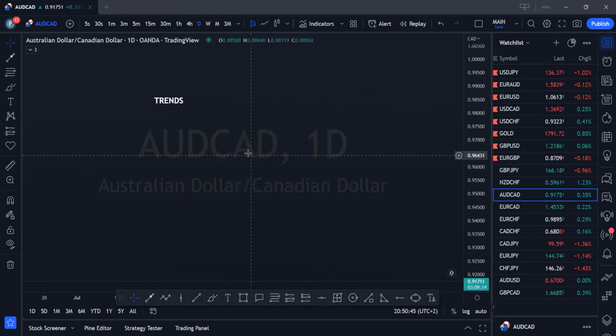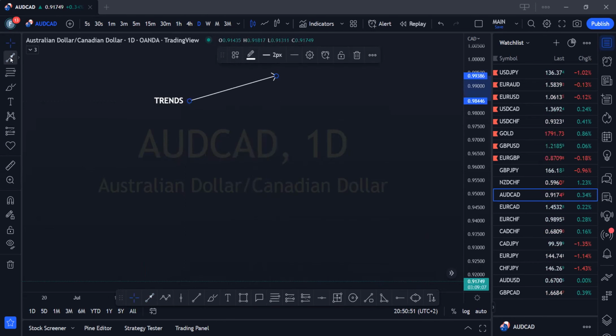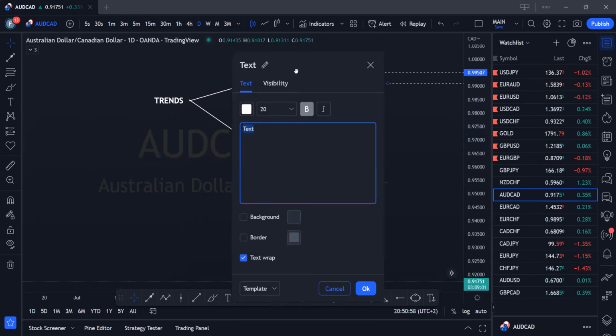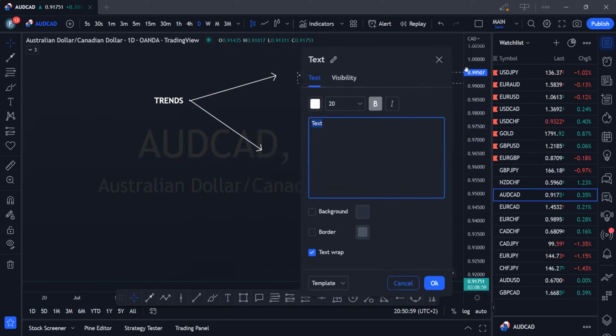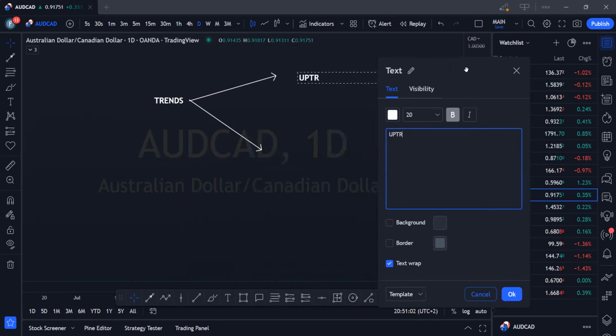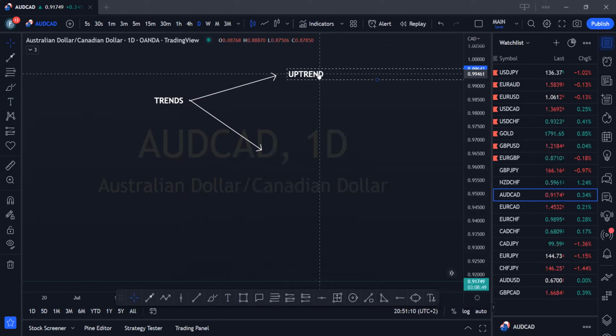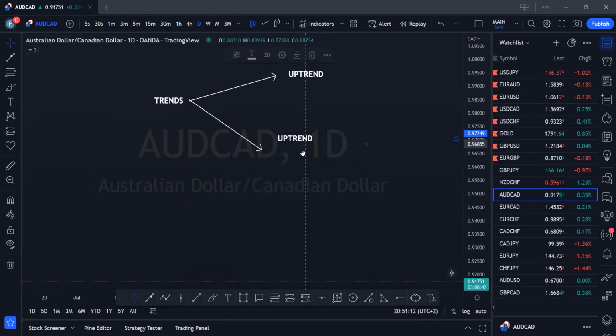So there are two types of trends in the foreign exchange market. You have the uptrend, and then we have the downtrend, like so. Okay, so we have the uptrend. And then what do we have again? We have the downtrend.